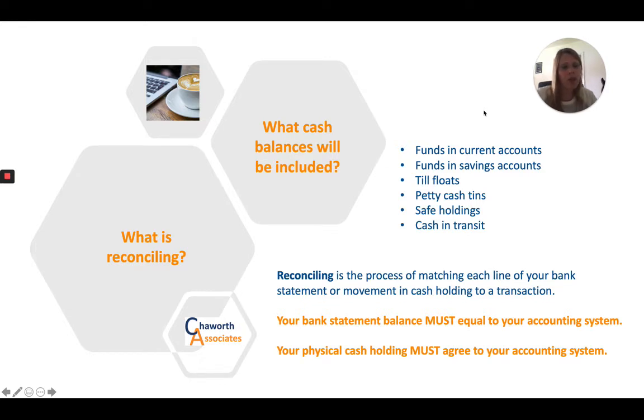But if you're not at the stage where you have Xero, you will still have some kind of system in place. It could be an Excel spreadsheet that you're working on. That spreadsheet you're keeping track of everything on should agree back to your bank statement, and if you've got cash, you'll have another tab that agrees to your cash holding as well. I'm not implying everyone has to have a full-on software accounting system, but however you keep your books, those balances have to agree.